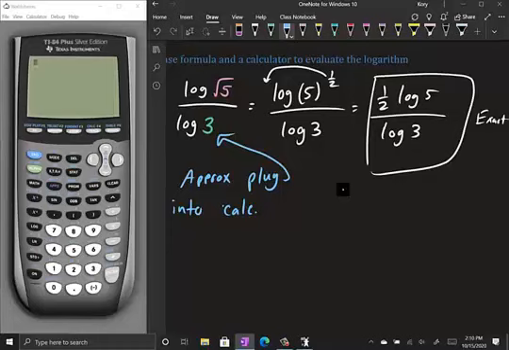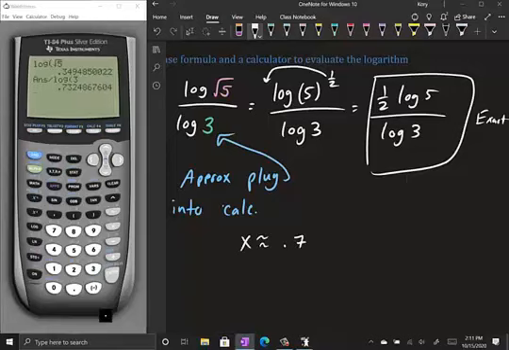You can do it with alpha y equals enter or piece by piece. I'm just going to do it piece by piece. So we have log of the square root of 5, enter, divided by log 3. And we get our answer. So the approximate answer is 0.73.